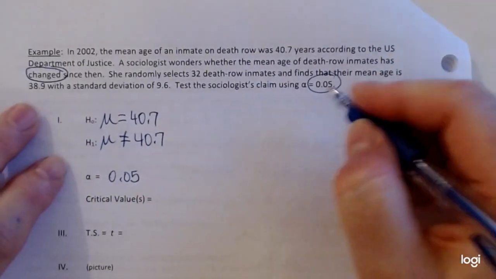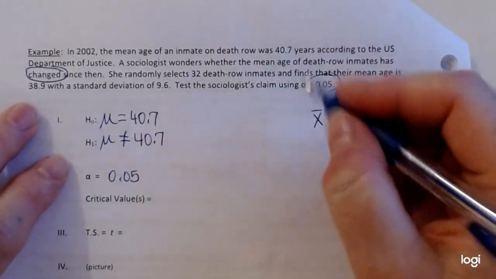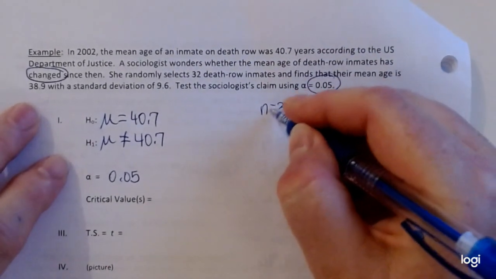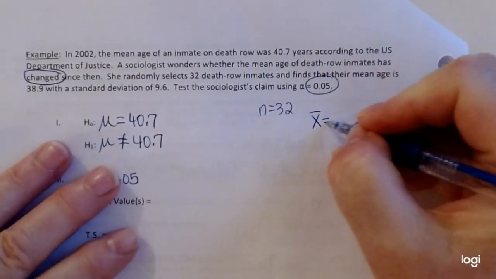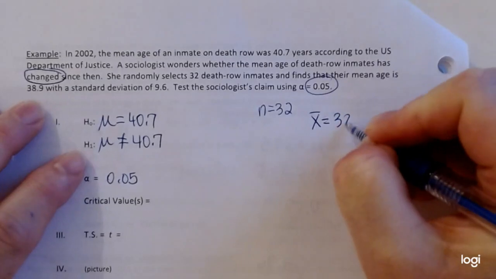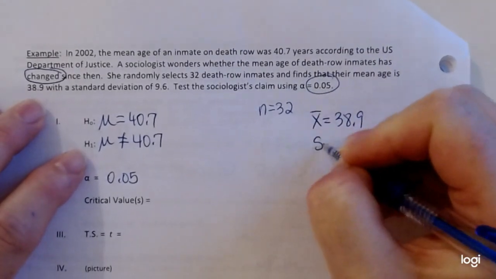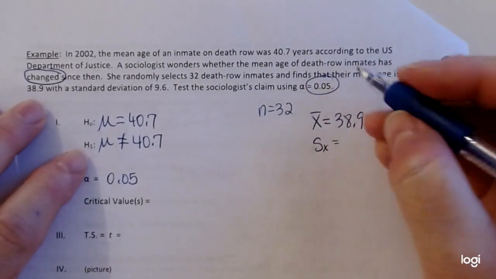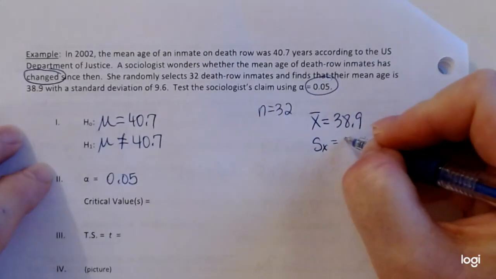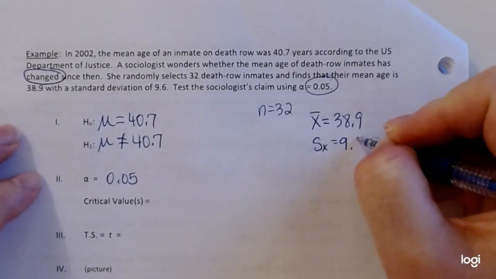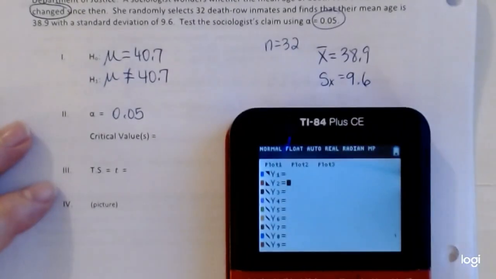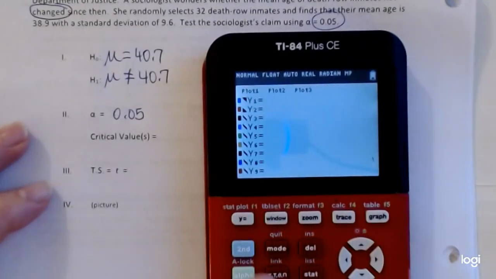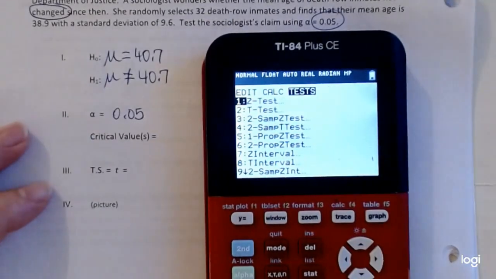And we have 32 for N. That's a little above 30, so it's a big enough sample. And we have X bar equals 38.9 and a standard deviation of 9.6. So we'll get the test statistic when we run the test. Again, remember this is stat, tests, 2.